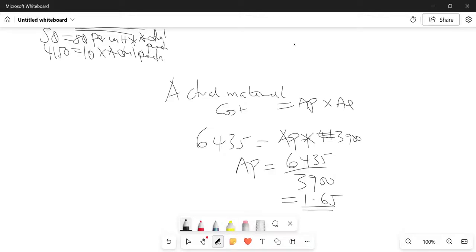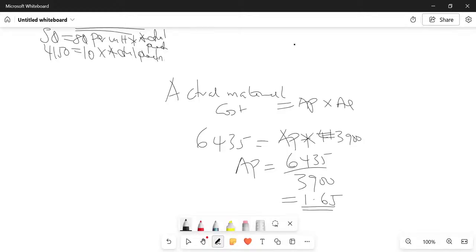There is no AP anywhere. The only way you would have used is material price variance. If you use material price variance, for sure you can get that AP. But why should you go there when you know that if you take total material cost divided by this actual quantity, you get AP. Straightforward.